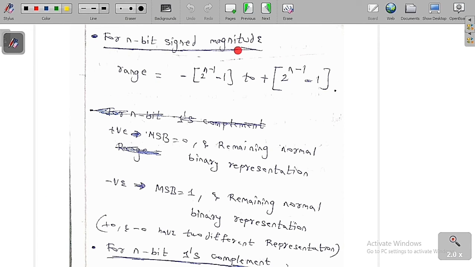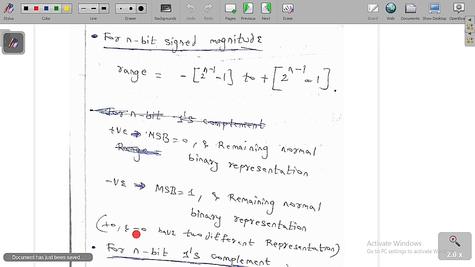Suppose for n-bit signed magnitude, what is the range? Before telling you the range, let me give you some idea. For positive, keep MSB equal to 0 and the remaining normal binary representation. For negative, MSB is equal to 1 and the remaining normal binary representation.